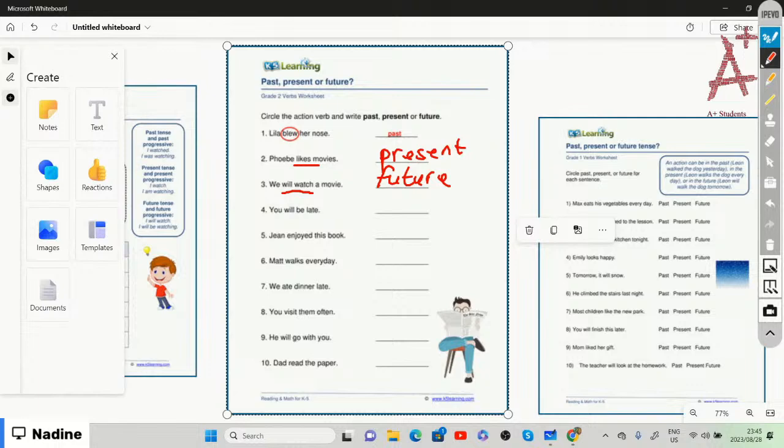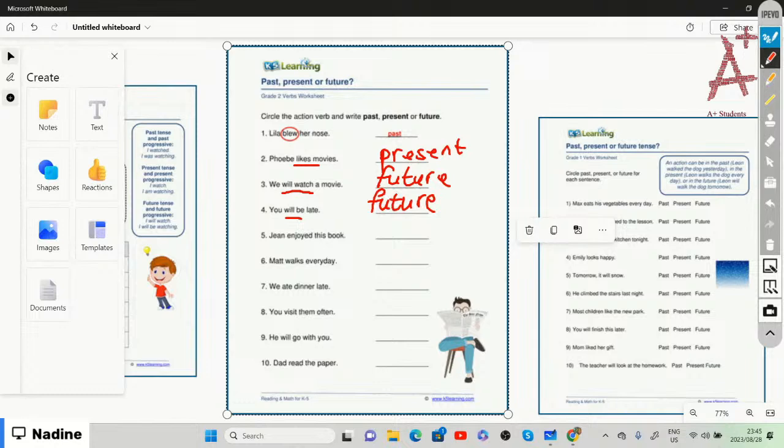You will be late. So will be, right? You will be late. It shows the future. So you will be late for whatever, the meeting, the interview, class or something, right?